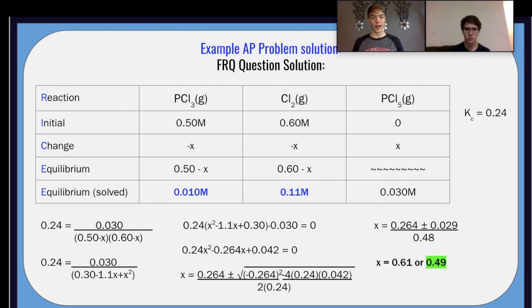However, we know it has to be 0.49, because if it was 0.61, we would end up with negative concentrations at equilibrium, which is physically impossible. So we know it has to be 0.49. Then we plug it into the x, and we can find the equilibrium concentrations for the reactants. That would be 0.010 molar for PCl3 and 0.11 molar for Cl2.